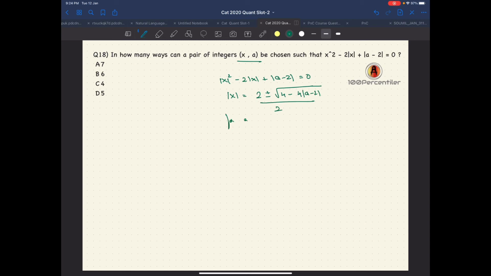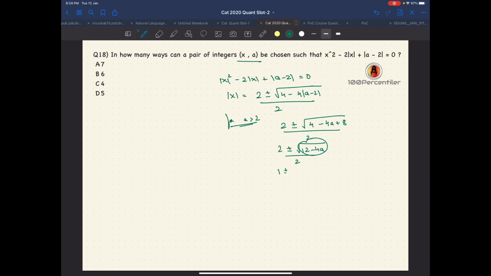Now for a greater than 2, we have 2 plus minus root 4 minus 4a plus 8 on 2, which is 2 plus minus 12 minus 4a upon 2. And now we need this to be a perfect square for this to have an integer solution.